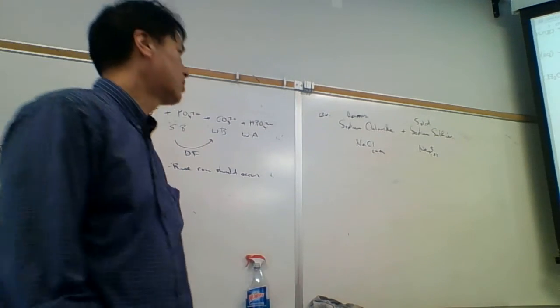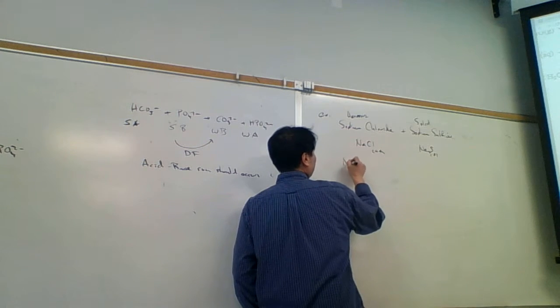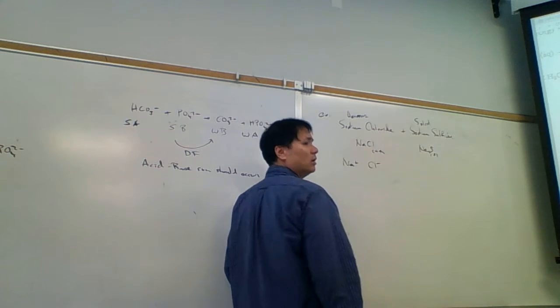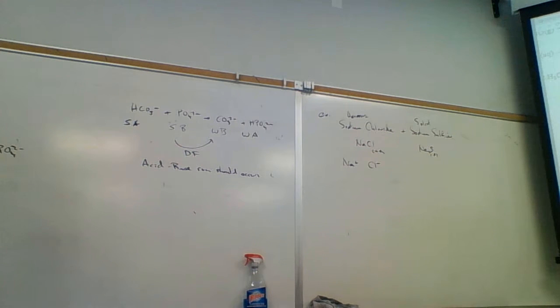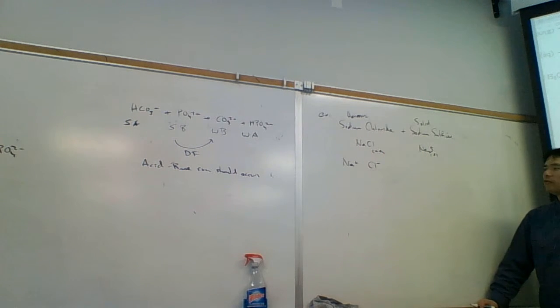So if I have aqueous sodium chloride, what's the inventory? I have sodium ions and chloride ions. The water is going to tear apart that lattice, make the ions. How about sodium sulfide? When I mix these two together, I'm going to have water present. And what happens to the sodium salts? Do the sodium salts dissolve in water, or are they insoluble in water? They dissolve in water. So if sodium sulfide dissolves in water, what forms?